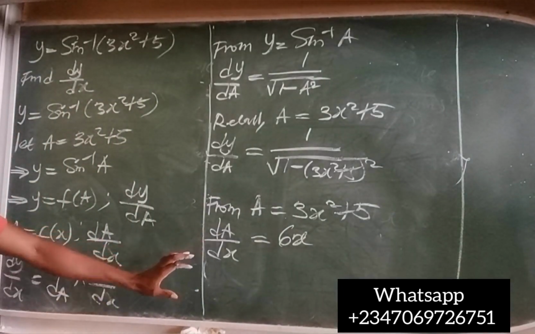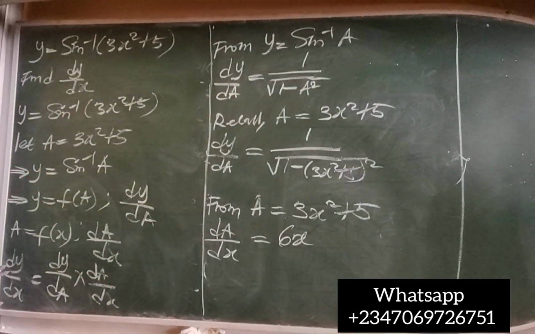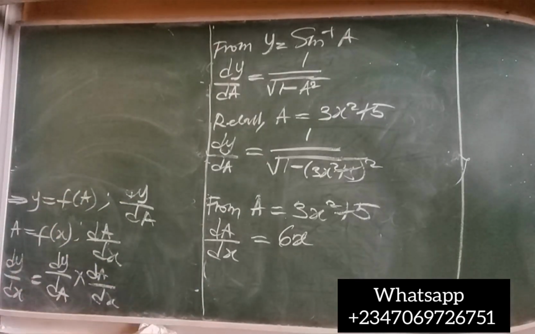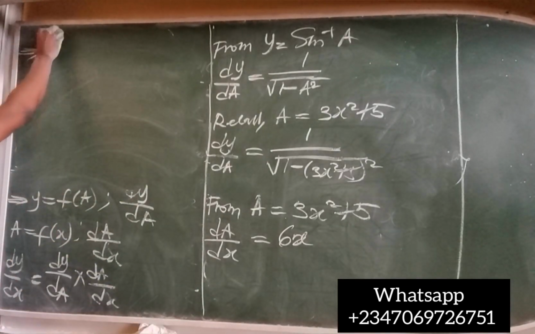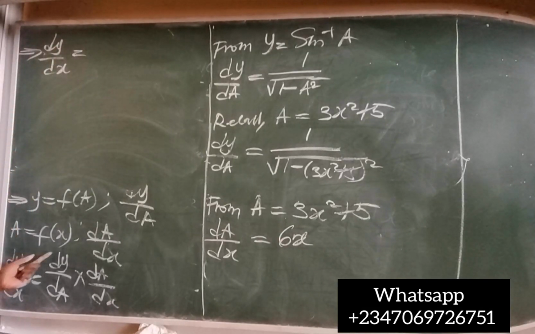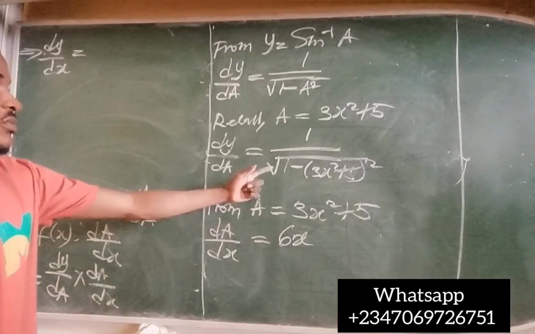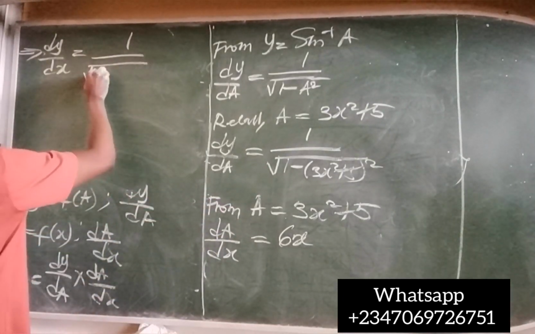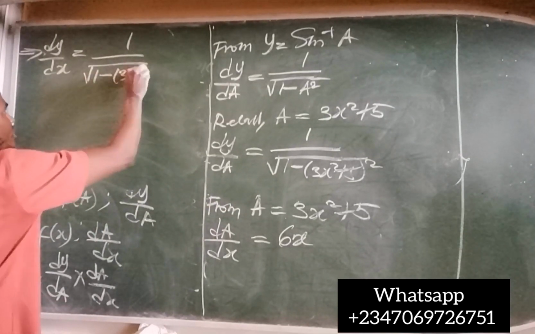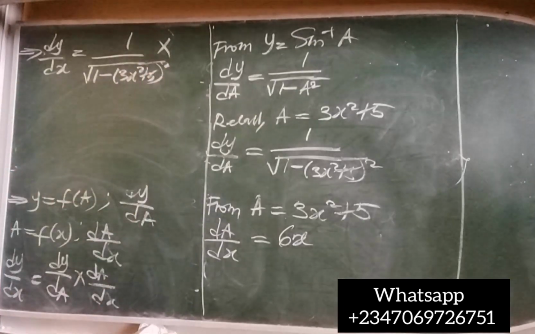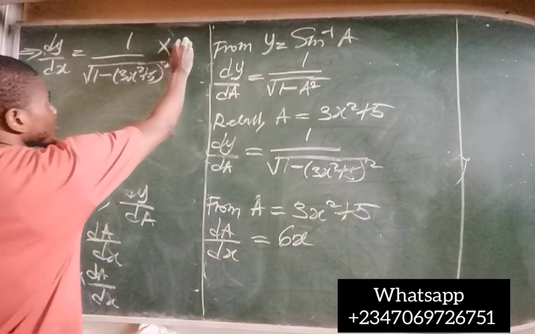So if I have da dx, and I have dy da, I can now employ the chain rule to find dy dx by simply multiplying these two derivatives together. So this implies that dy dx is equal to dy da, which gave us 1 over the square root of 1 minus 3x squared plus 5 all squared, multiplied by da dx, which gave us 6x.